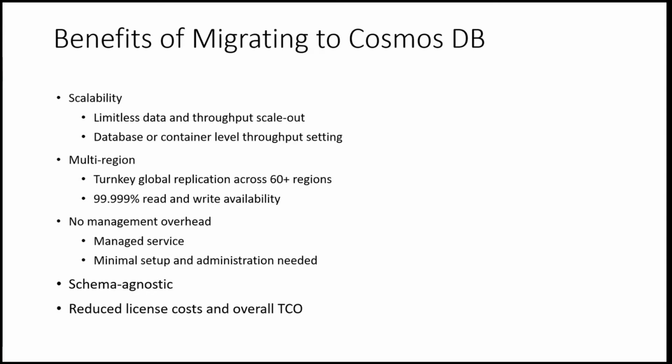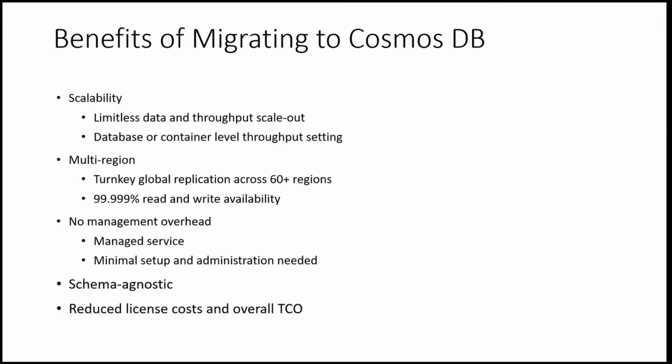Essentially, these are resources which will be available for your workload, and they can be shared at database or container level. So that granularity is available. So yeah, scalability is the top most reason for migrating to Cosmos DB.